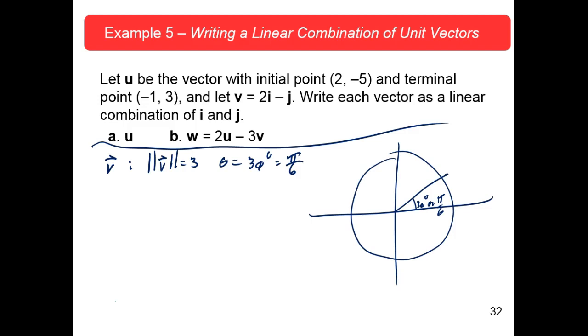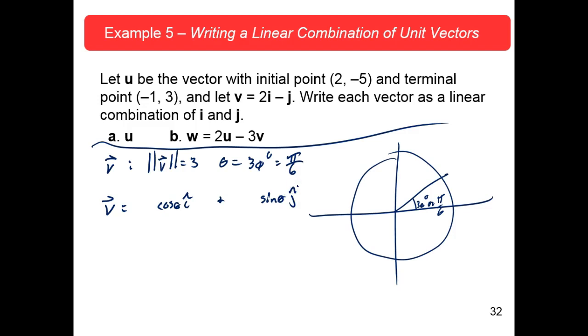Write v as a linear combination of the unit vectors i and j. Can you do that? v is equal to a linear combination of the unit vectors i and j from what we just did. Cosine theta i plus sine theta j.